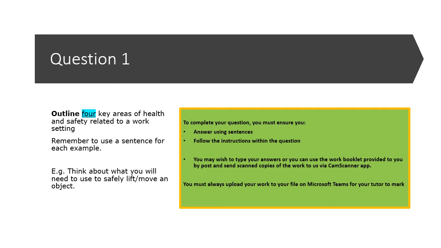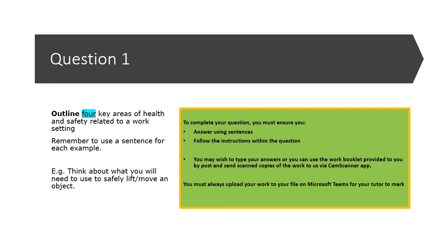So this brings us to question number 1, and it's asking you to outline four key areas of health and safety related to a work setting. Remember to use a sentence for each example. For example, think about what you will need to use to safely lift or move an object. So think about the slides that we looked at before.